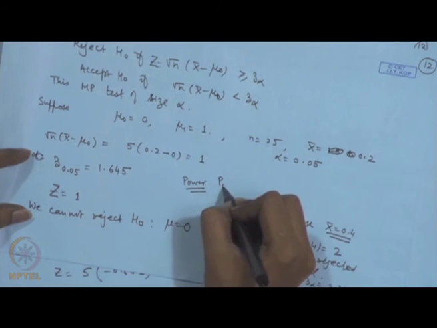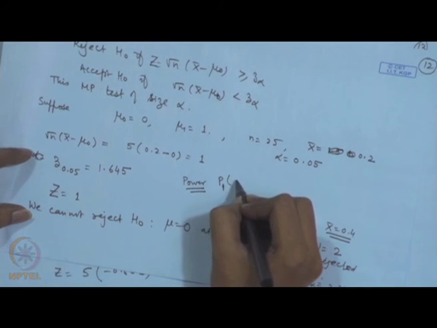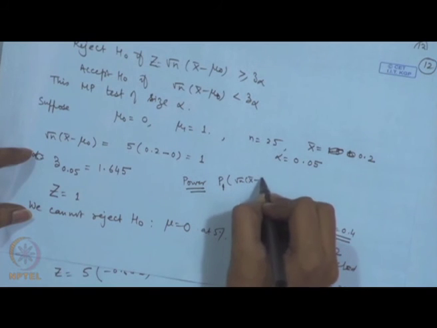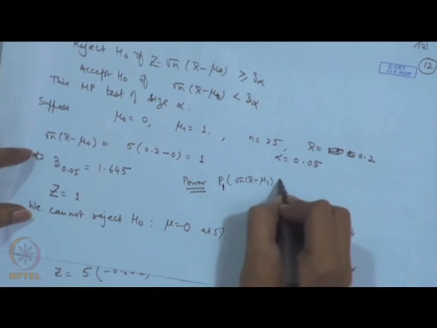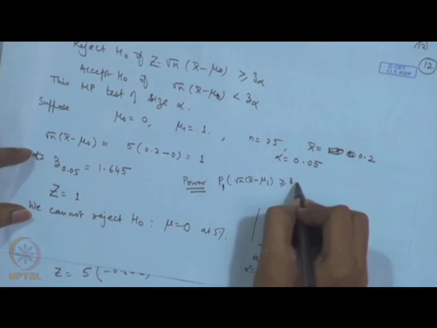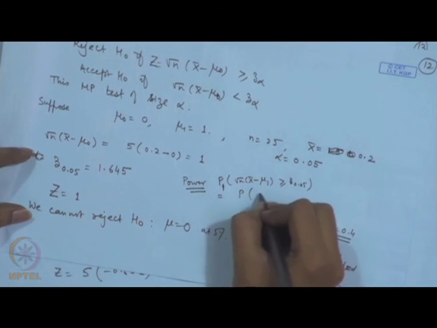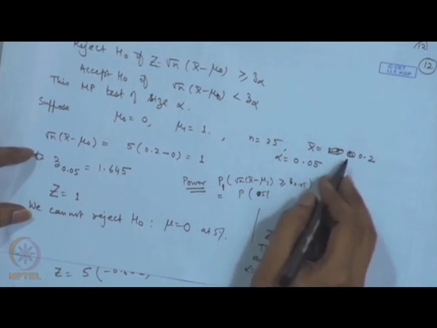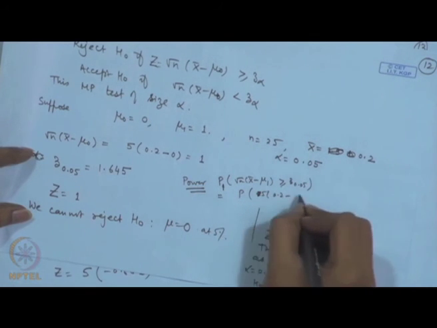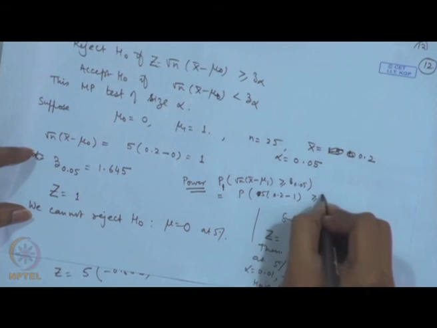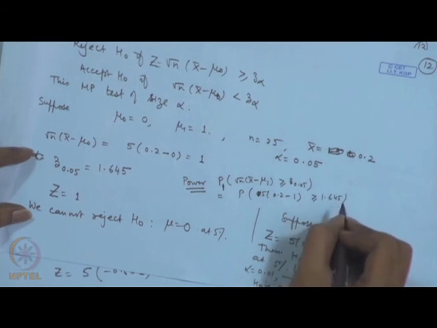It is the probability of rejecting: root n times x bar minus mu 1 greater than or equal to z 0.05, because this point has already been decided here. So, this is 1.645.